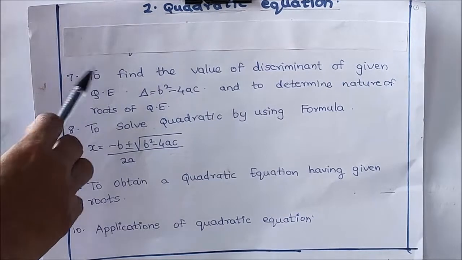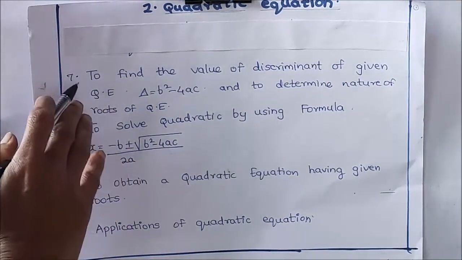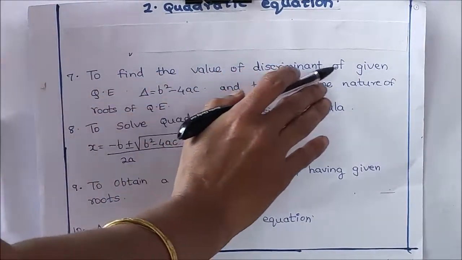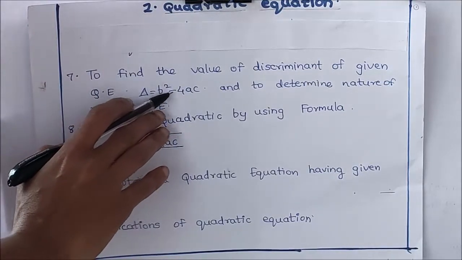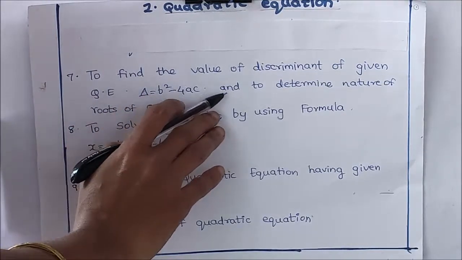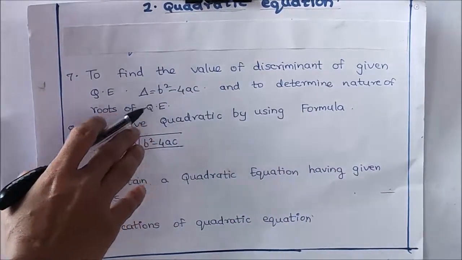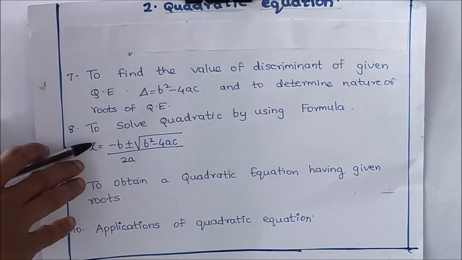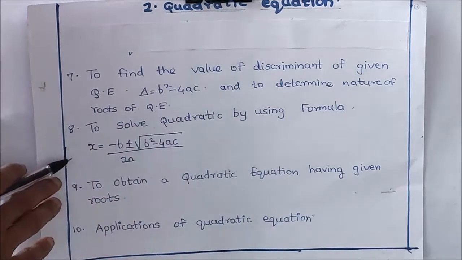Today in this topic we are going to study 4 points. First, to find the value of the discriminant of a given quadratic equation, that is delta equals b square minus 4ac, and to determine the nature of the roots of a quadratic equation. The next point is to solve a quadratic equation by using the formula method.